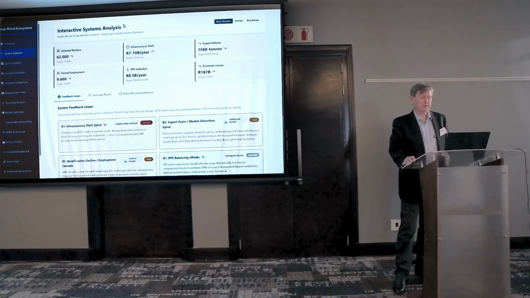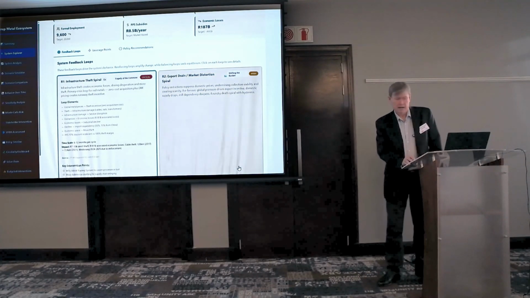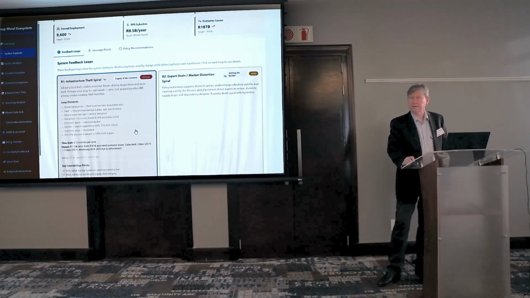So your feedback loops, where you can start driving an interactive analysis. So the various targets, the leverage points, policy recommendations, and then looking at aspects like the theft spiral.